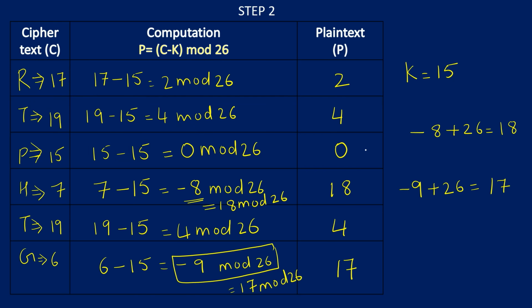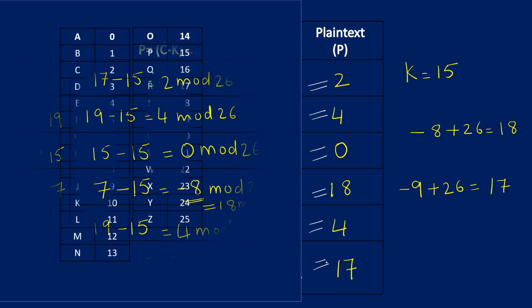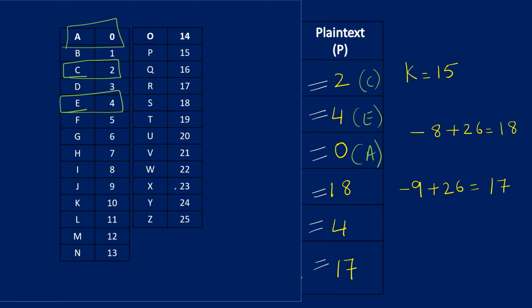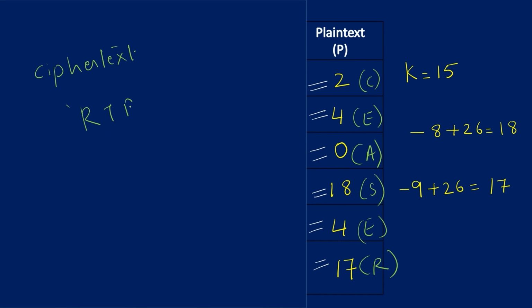The next step here is to map each of the plain text numbers to its corresponding letters, for which we need the mapping table. Once you have your mapping table, you can assign the letters to each of the plain text numbers. For example, number 2 corresponds to letter C, number 4 corresponds to letter E, 0 corresponds to A, 18 corresponds to S, 4 corresponds to E, and 17 corresponds to R. Therefore, the ciphertext RTPHTG, which was given to us, has now been decoded using the key 15 as Caesar.